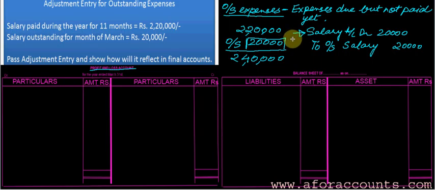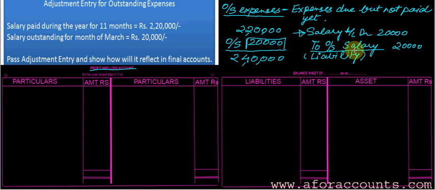So salary account is debited, and I am creating a liability because I had to pay for the salary in this accounting year only, but I am not paying it right now. So this is a liability for me. I will have to pay it later. And any liability has a credit balance. We all know this by now. So outstanding salary has a credit balance.